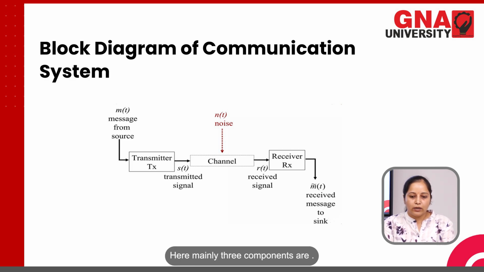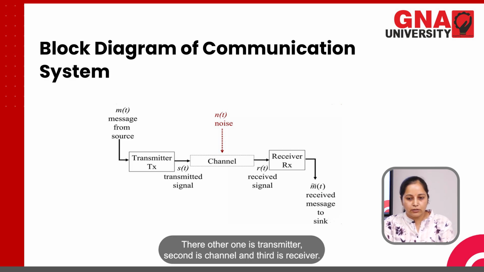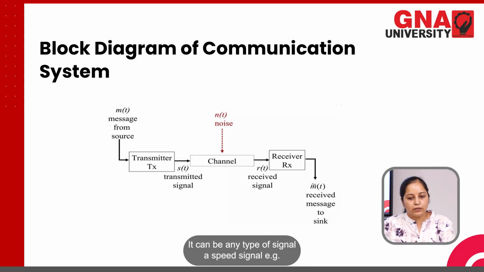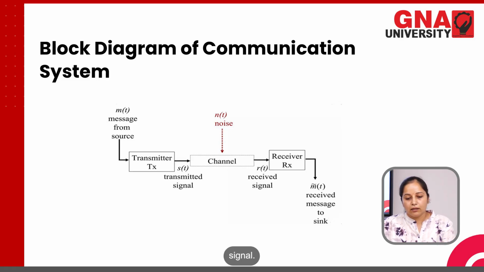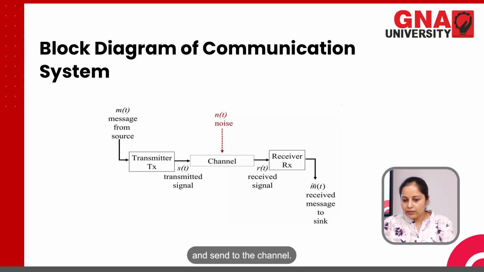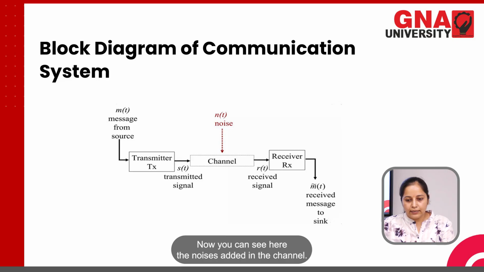Here mainly three components are there: transmitter, channel, and receiver. First, the message or input signal is taken from the source. It can be any type of signal, speech signal, EEG signal. This signal is transmitted with the help of the transmitter and sent to the channel. You can see here the noise is added in the channel.